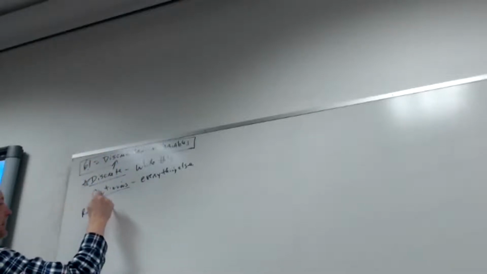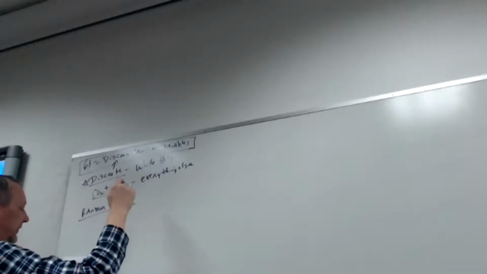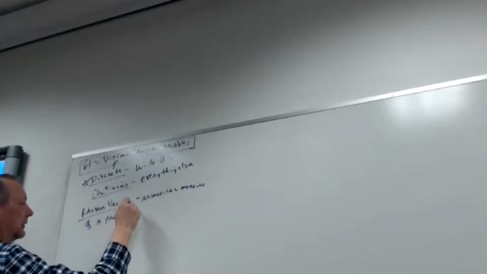Then we'll talk about a random variable. A random variable is a numerical measure of a probability experiment. Okay?